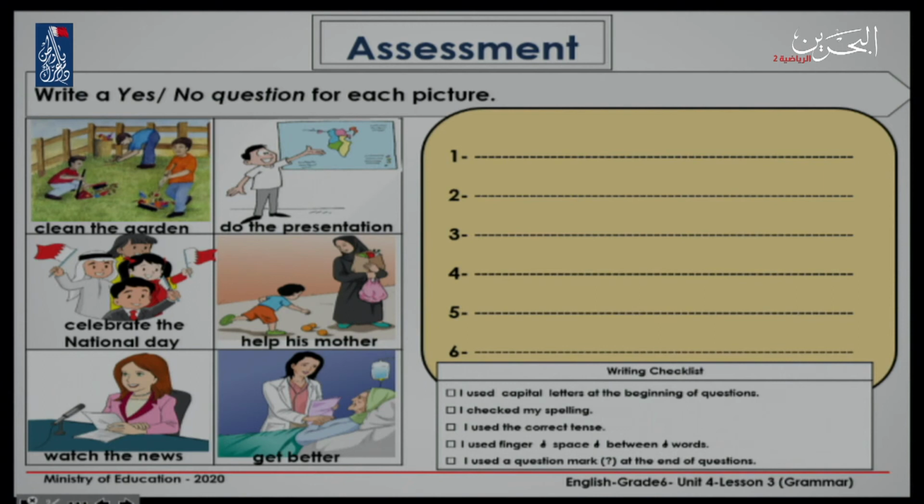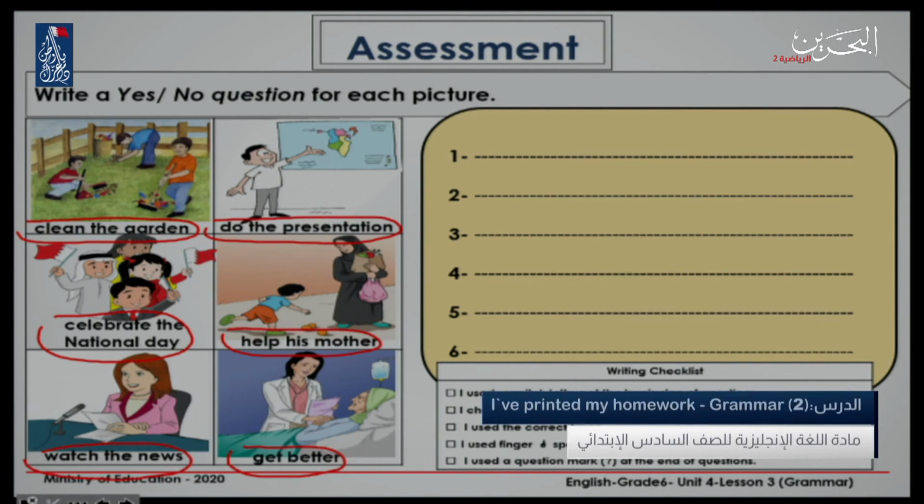Finally, you have to write a yes/no question for each picture. Under each picture, you have a guiding phrase. Write your questions using the guiding phrases under each picture.